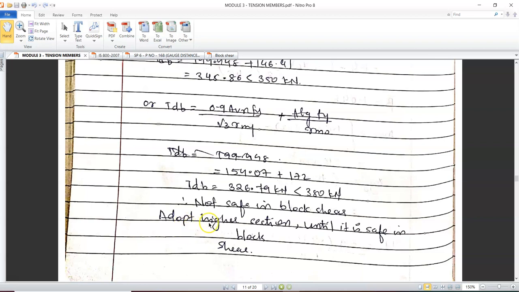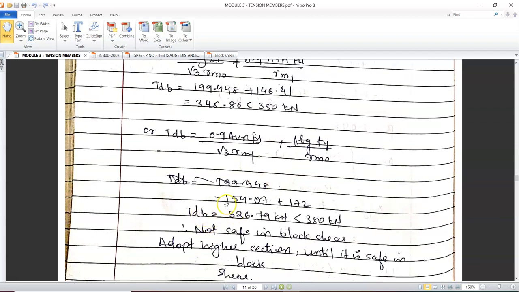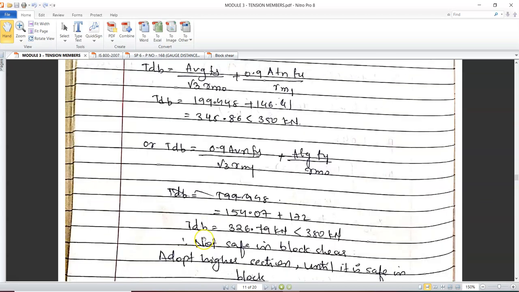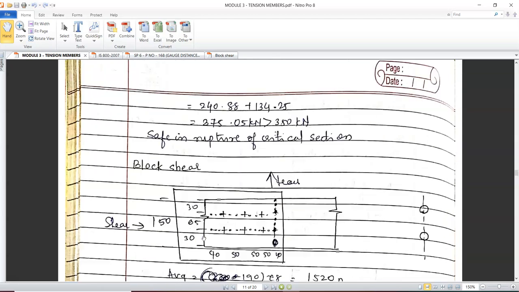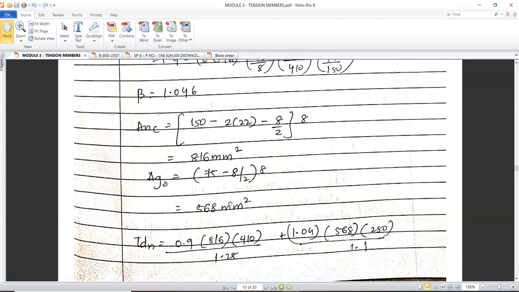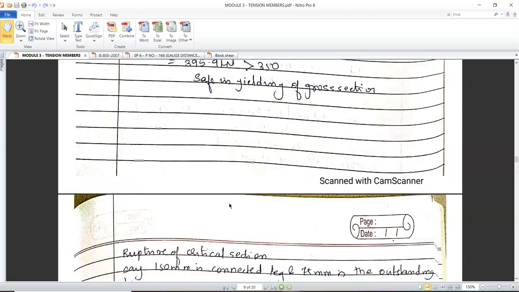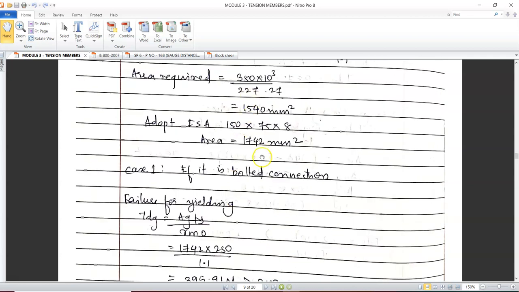From the exam point of view, you need not repeat all the design again. You have to simply say that the angle section adopted, 150 into 75 into 8, is safe in yielding and rupture, but unsafe in block shear.